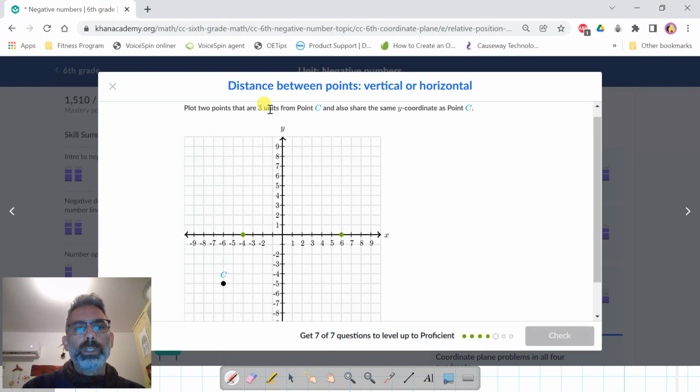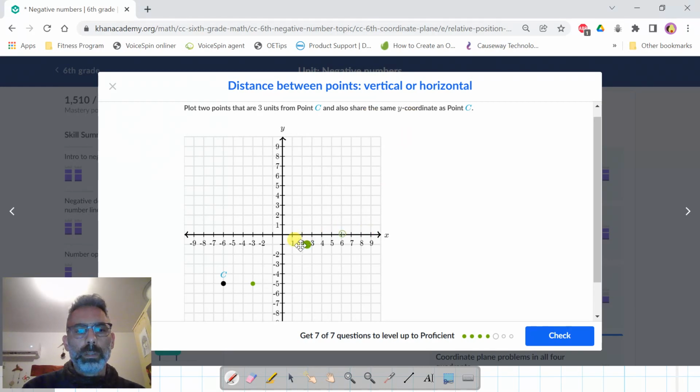And it has to be 3 units away from point C. So this is 1. Okay, this is located at negative 3, negative 5. So the distance here is 3 units.